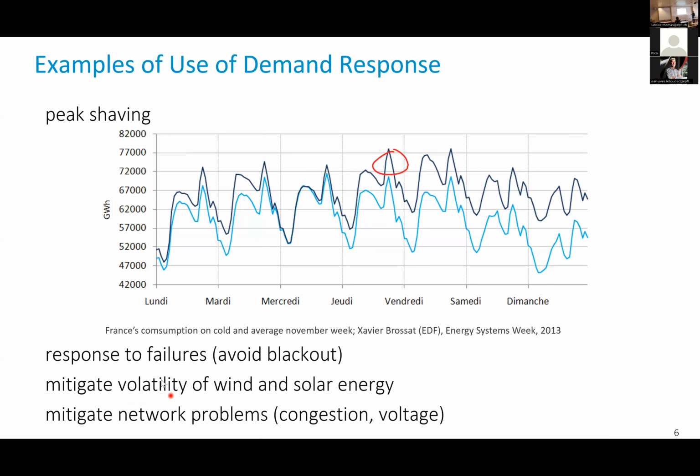We try to avoid them by having preventive maintenance, but they can happen. If they happen, then the grid operators will use a number of reserves to mitigate the problem. And one of the reserves might be to do demand response, or if this fails, then there will be a blackout. And the blackout is much more severe than the load shedding, because the load shedding is planned. A blackout means we interrupt the supply.